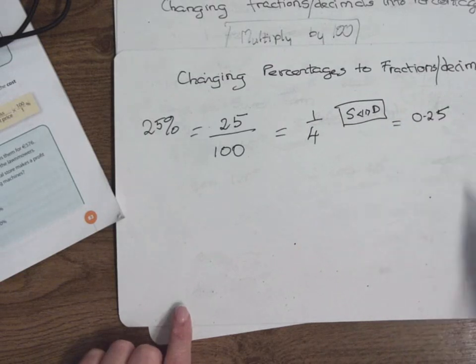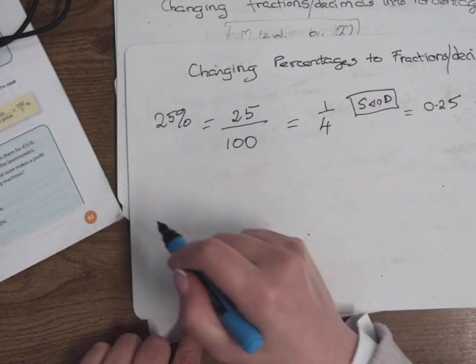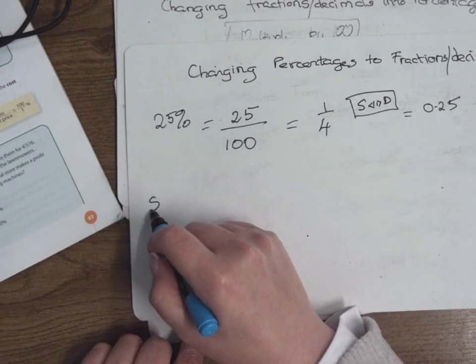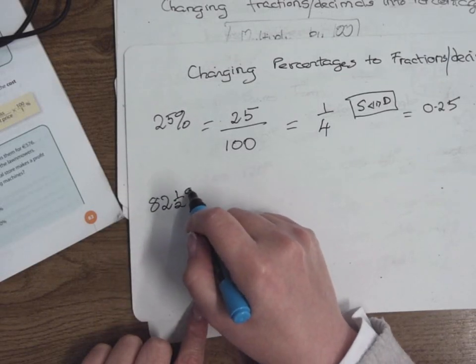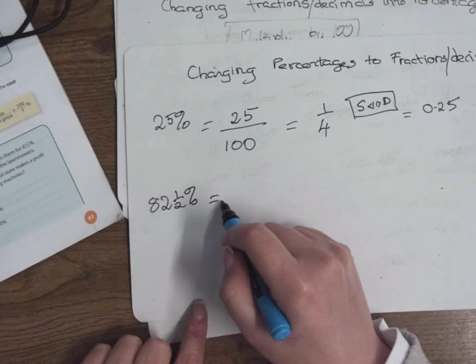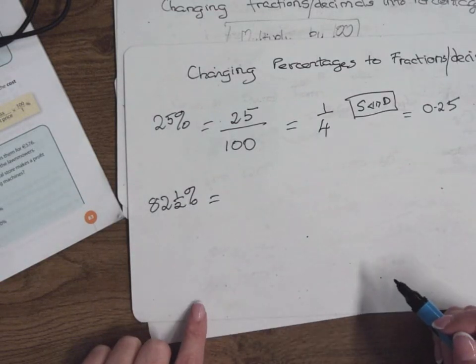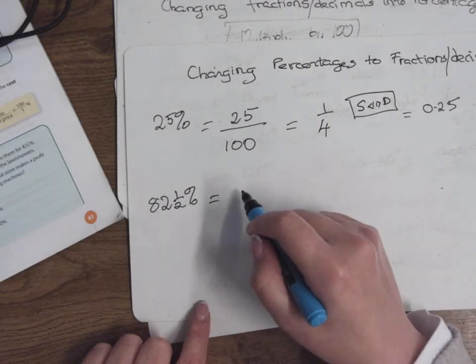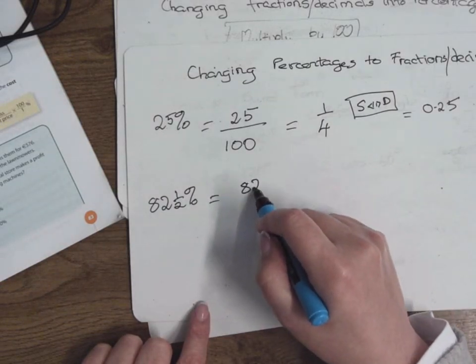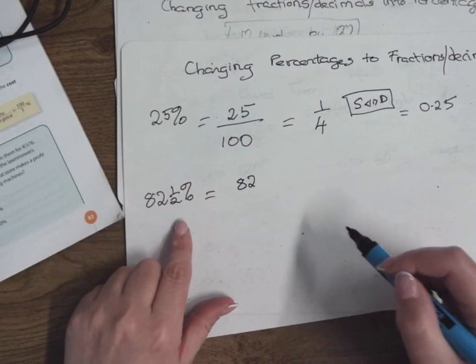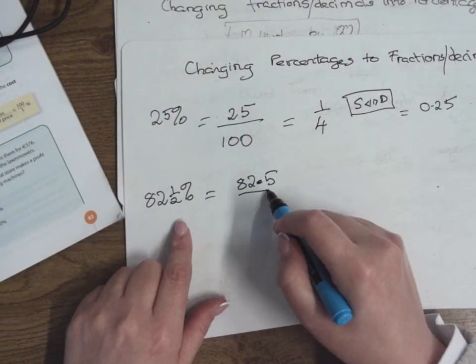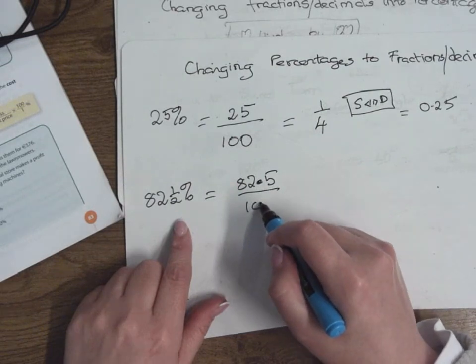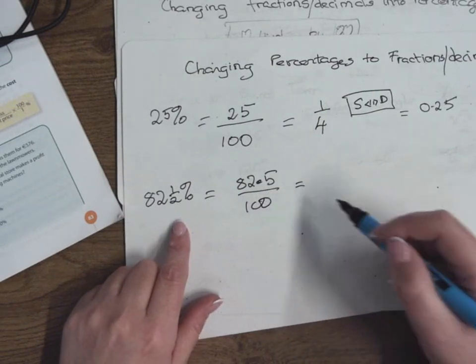Is that okay? Right. If I said you got 82.5%, how will I write that? How will I write it? 82, and it's easier to turn the half into a 0.5, yeah? So 82.5 all over 100 into the calculator with that and press equals.